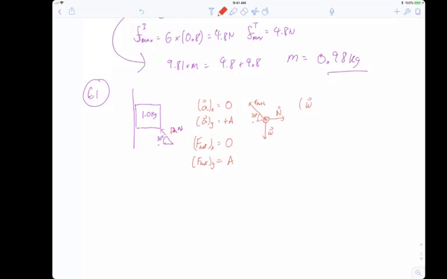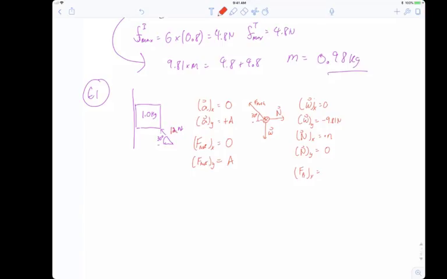Weight in the x direction is 0. Weight in the y direction is minus 9.81 newtons. Normal force in the x direction is, I don't know, plus n. Normal force in the y direction is 0. F push in the x direction is, let's see, it's 12 newtons times cosine of 30.